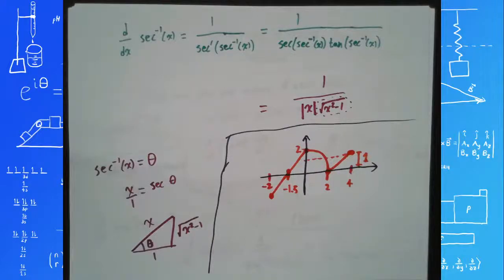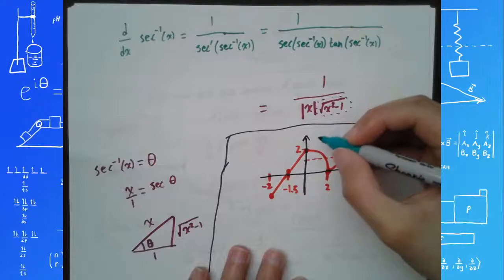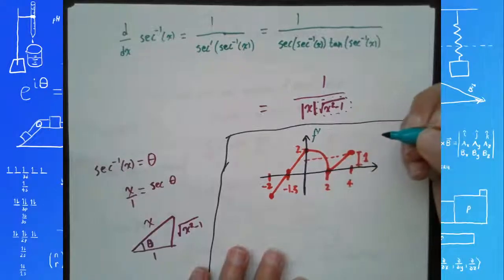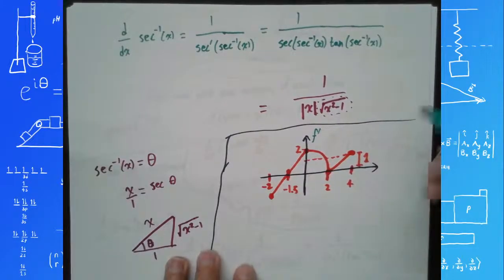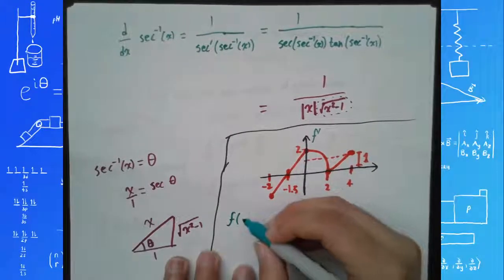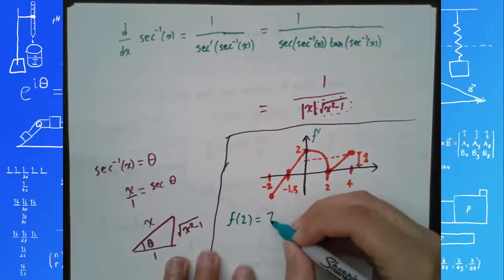So what can we do here for a problem? They'll tell you something like this is a graph of f prime. And they'll tell you, for example, that f of 2 equals some number, let's say 7.